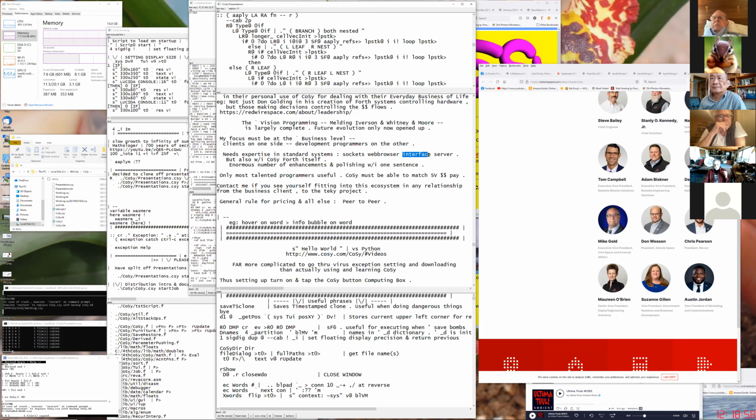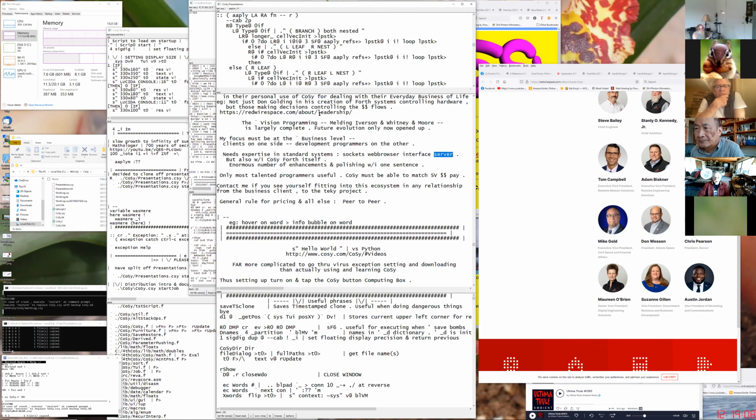But just the general interface, and also being set up as a web server, so someone can have the CoSy environment built in Forth, open Forth, on whatever their device is, interfacing with the cloud, aka time sharing.